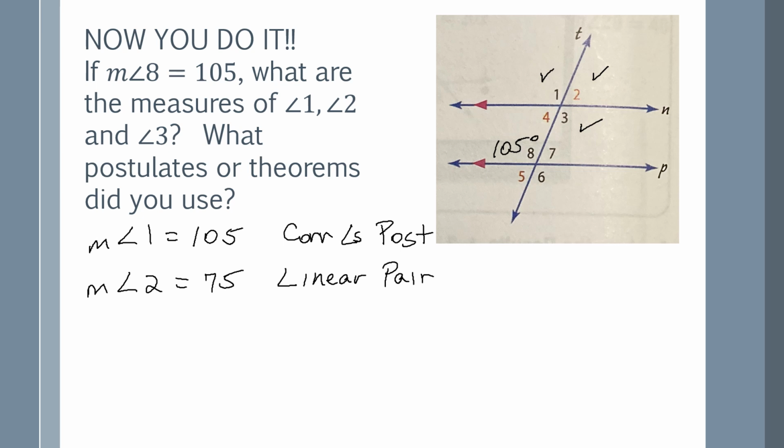They have to add up to 180. The measure of angle 3 is equal to 105. We could say it's because of vertical angles, but because we have these new theorems, we're going to say that's by the alternate interior angle theorem.